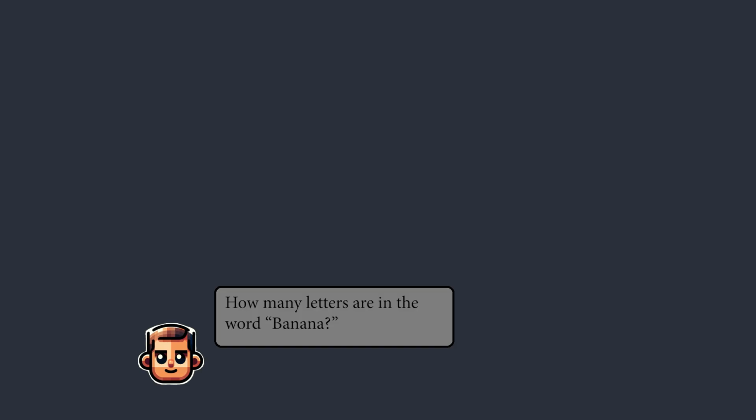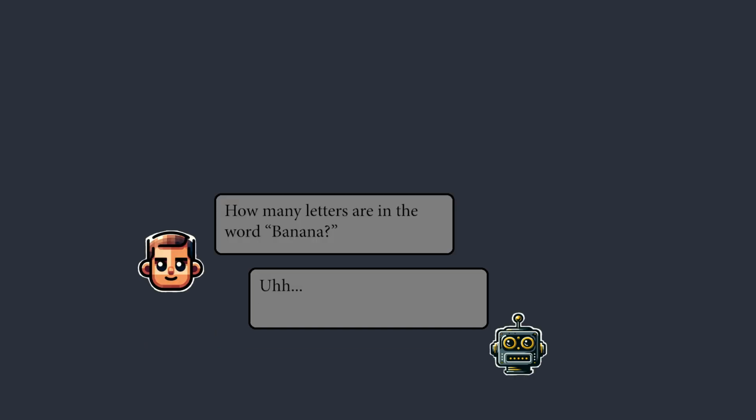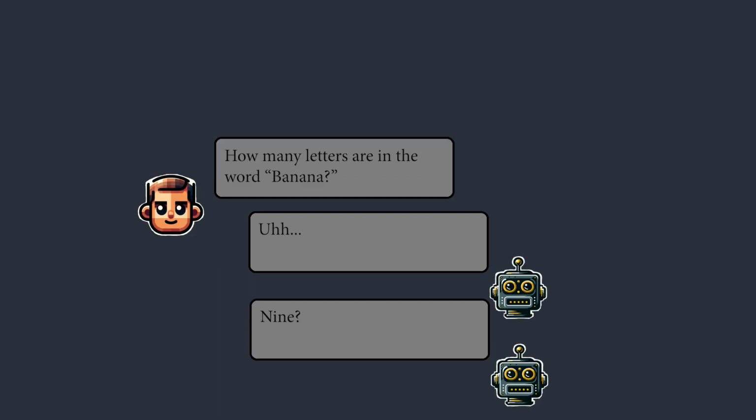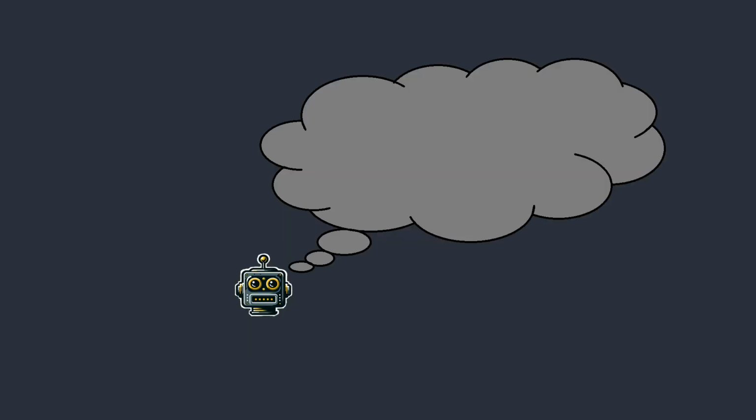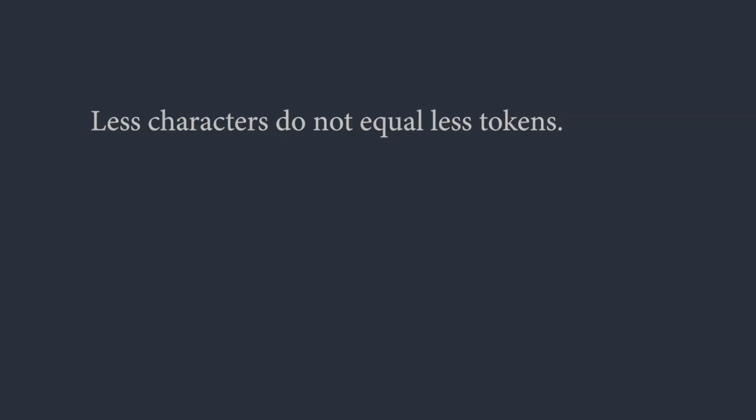If you've ever wondered why large language models have trouble counting letters and words, this is one of the reasons why. To large language models, words are perceived to be composed of tokens, not characters. The consequence of this is that just because a set of instructions has fewer characters does not necessarily mean that it has fewer tokens.